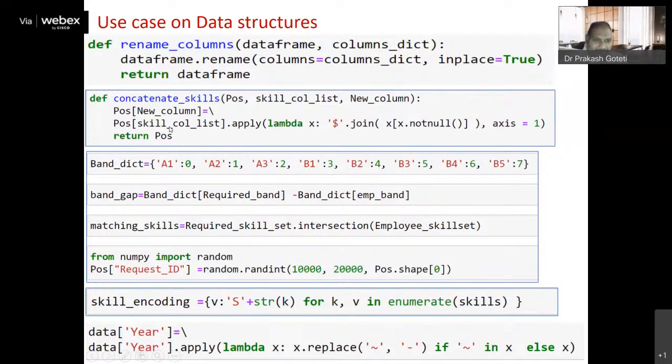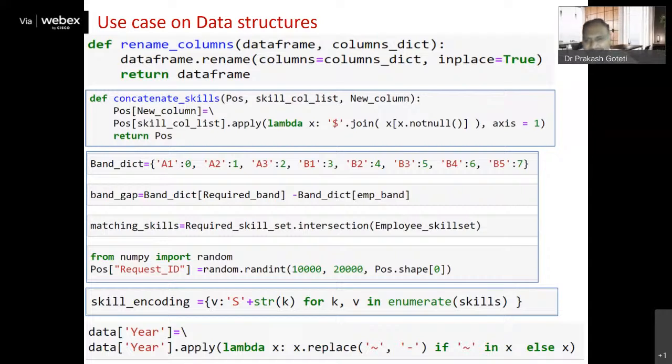For all the columns in the column list in the data frame, I am applying a lambda expression, concatenating them with each skill. I'm also checking whether that particular value is null or not, because sometimes the column may have null values, which may give wrong results. This is a beautiful example of your mathematical expression. It is like f of x is equal to x plus c for all c belongs to list.